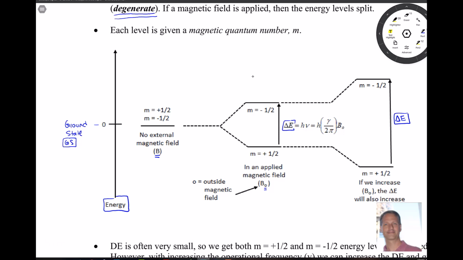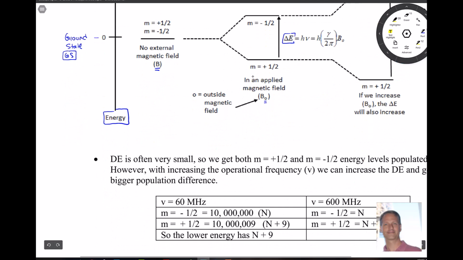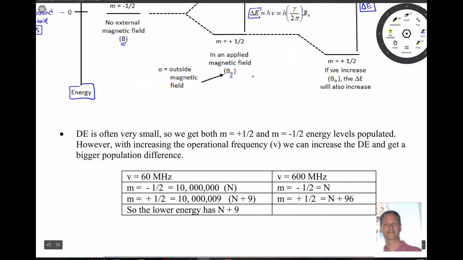Down here below, let's talk about this in more detail. That little delta E is often very small, so you get both the M plus 1/2 and M minus 1/2 states populated. If we increase the operational frequency, then we can increase the delta E and get a larger population difference.